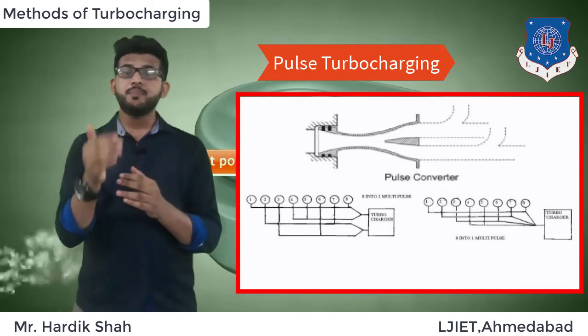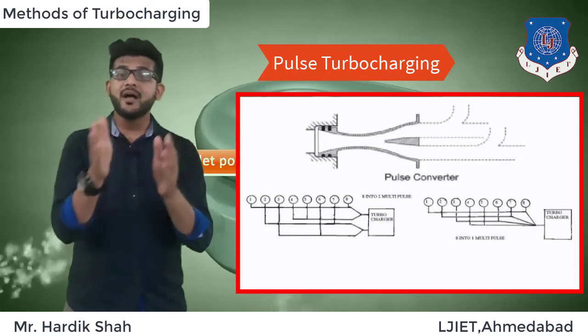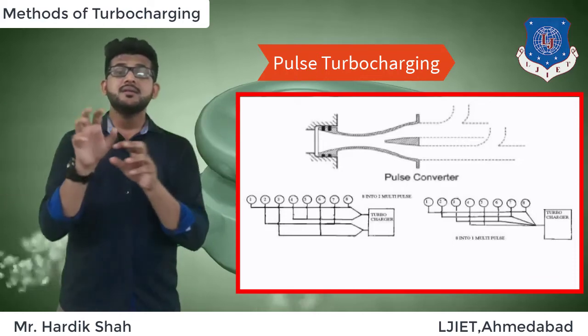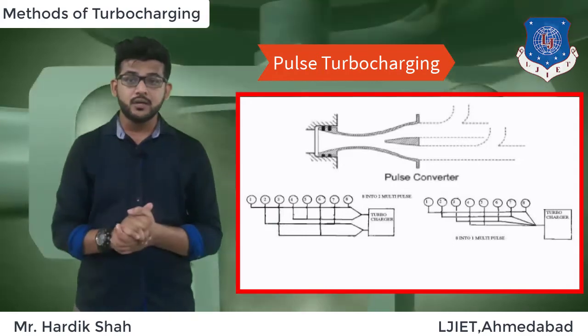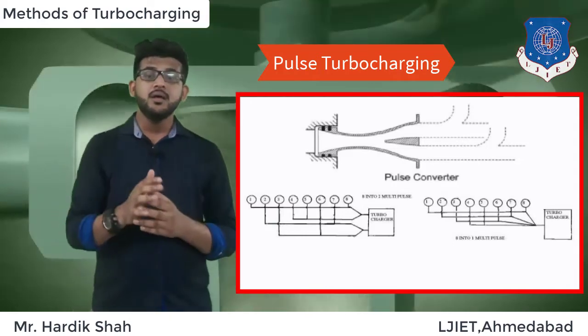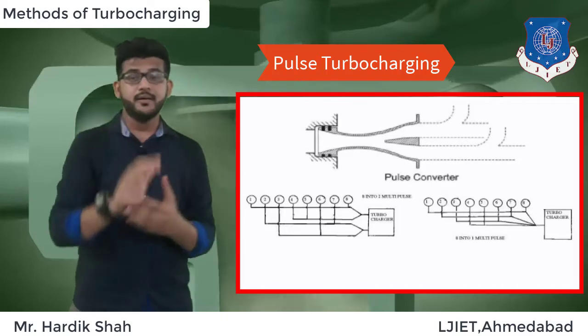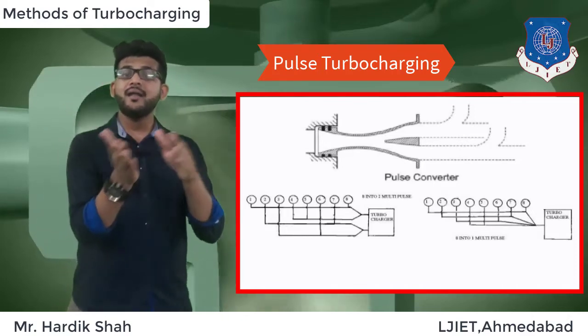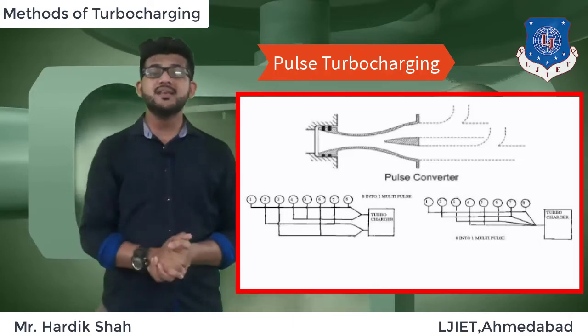In this pulse converter, different branches of the manifold are connected together in a specially designed Venturi junction. They are connected before the turbine. The pressure pulses are converted into kinetic energy in the nozzle section of the Venturi.